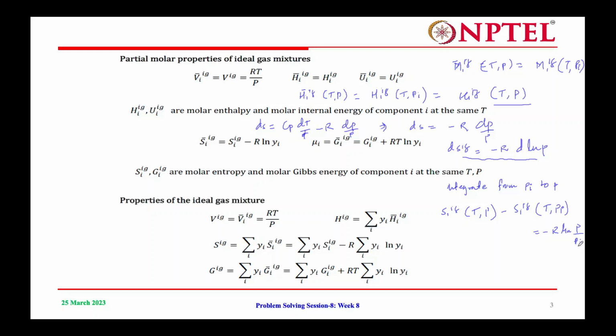Here you can write the partial pressure as the mole fraction times the total pressure. The total pressure cancels and you will get 1/yi. So Si^ig at Pi equals Si^ig at P minus R ln yi. All of you getting it or not?